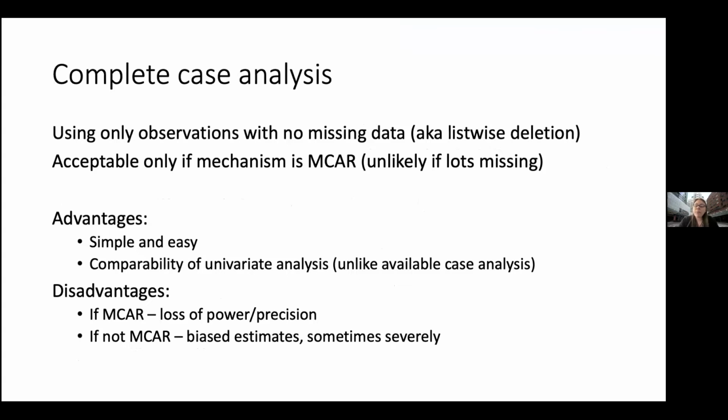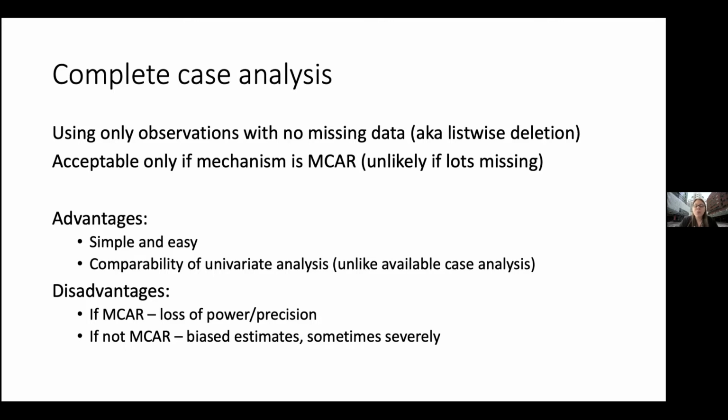This is acceptable only if the mechanism is MCAR, which is unlikely if there's a lot of missing data or a lot of variables with missing data. So an advantage of this, this is a simple and easy thing to do. And when we're looking at individual variables, doing univariate analysis, we end up with the same sample underneath. The sample isn't changing, and we're going to talk about that's a little bit different with available case analysis.